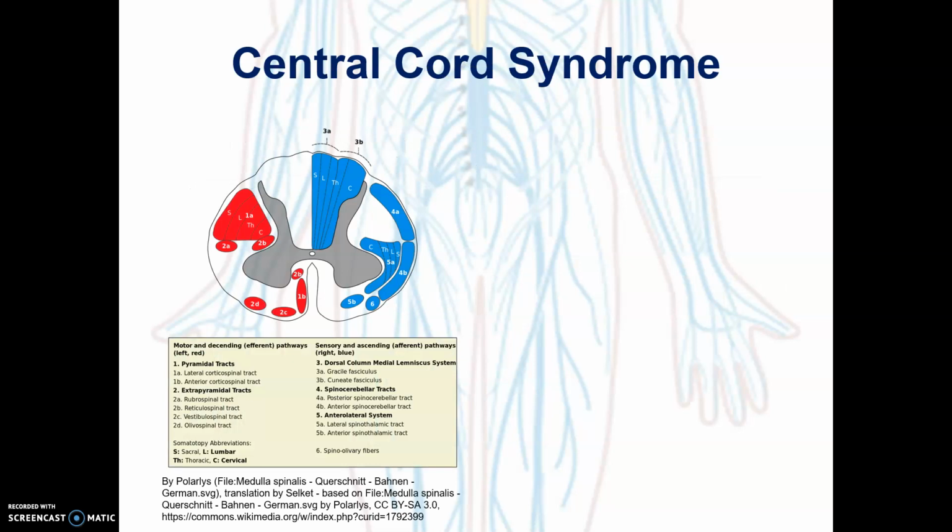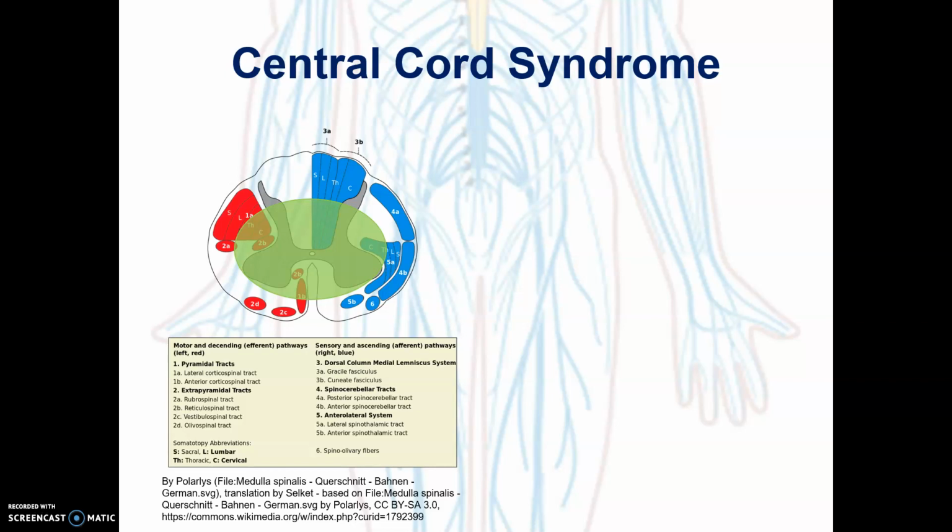So this one is central cord syndrome, and the area of injury tends to be limited to the central part of the spinal cord. These injuries are due to several mechanisms. There's contusion of the cord after a hyperflexion injury, particularly in older people with spondylosis, and this leads to damage to the central part of the cord.